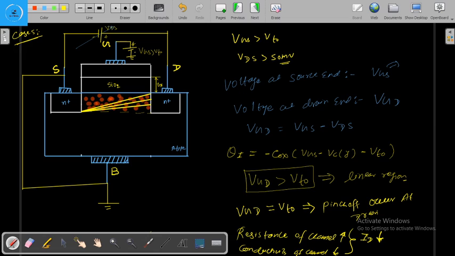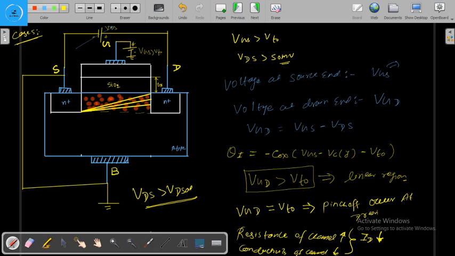So when we increase the VDS from VD set, theoretically, please listen here carefully, if we increase the drain to source voltage greater than the VD set, then theoretically the size of the channel will not change, meaning the pinch off will occur at the drain end, but the shape of the channel is not changed, it will be tapered, and pinch off occurs at the drain end theoretically. This is not the practical case.